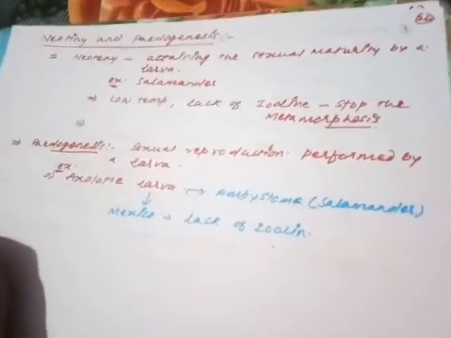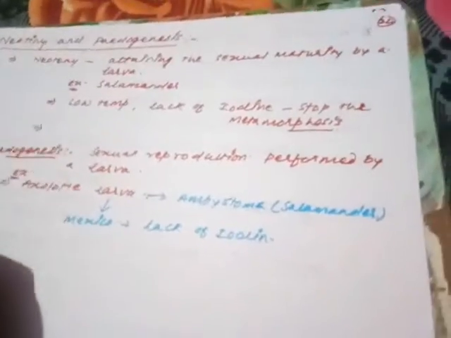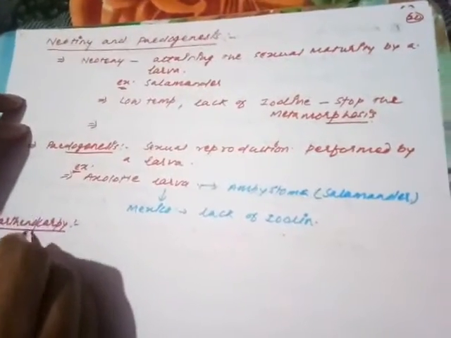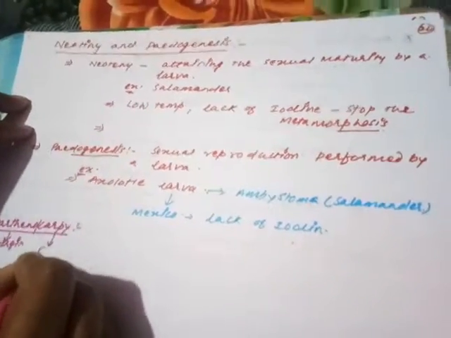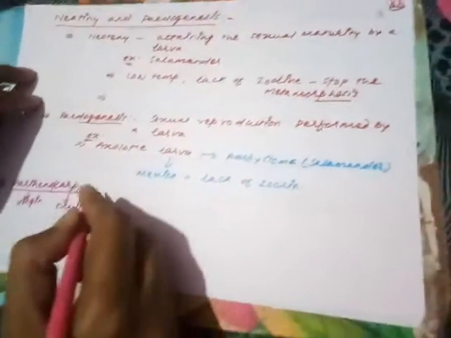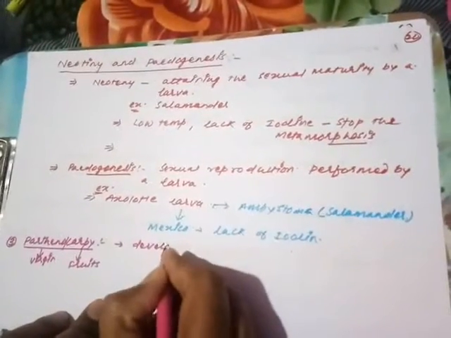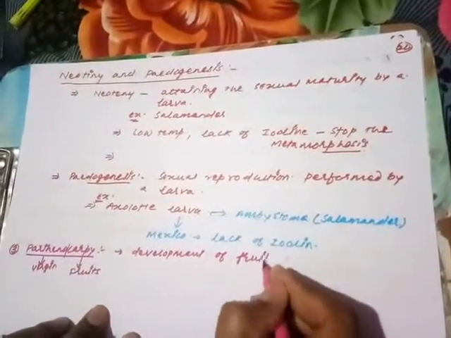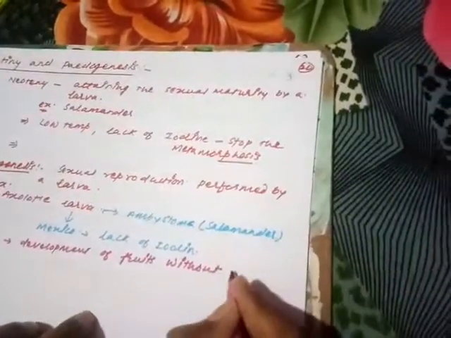Go. The third special mode of reproduction is parthenocarpy. In very short, I'm just going to explain it. Parthenos, once again virgin; carp, fruits. So parthenocarpy means development of fruits without fertilization.